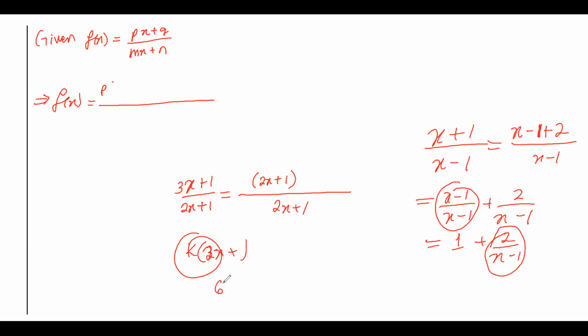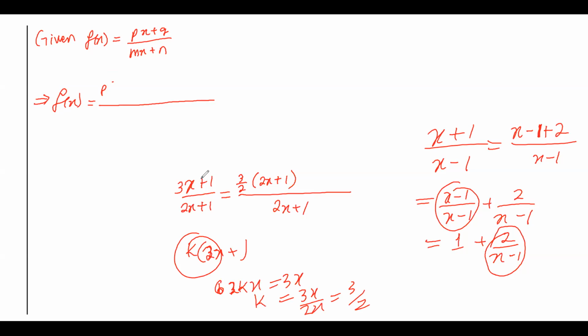So if my 2kx must end up giving me 3x, then what is my k? My k will be 3x over 2x, which is 3 over 2. So I must have my 3 over 2 here, so that when this bracket is expanded, I'm going to have 3x back. Don't worry about the number, okay?